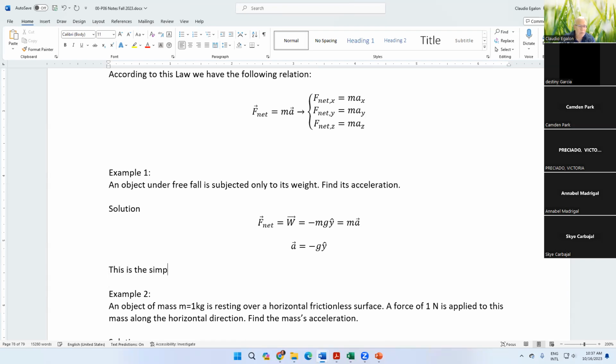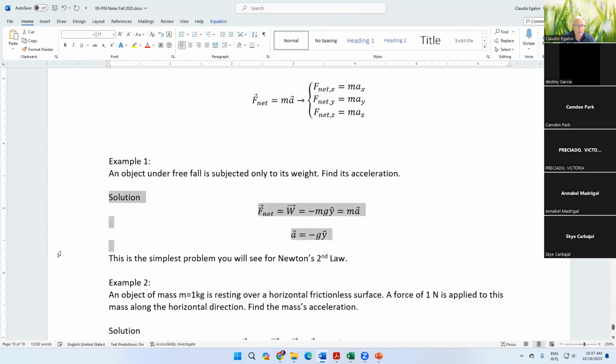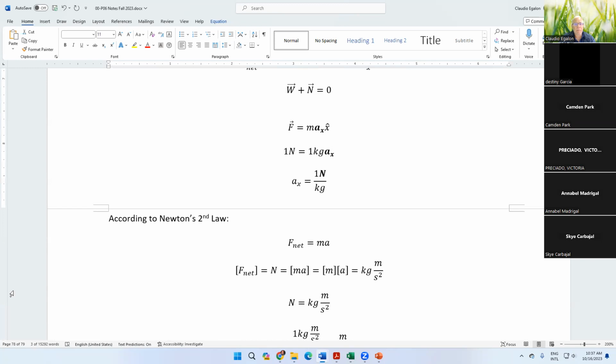This one here, the first example, is the simplest problem you will see for Newton's second law. The next in simplicity is this one here.